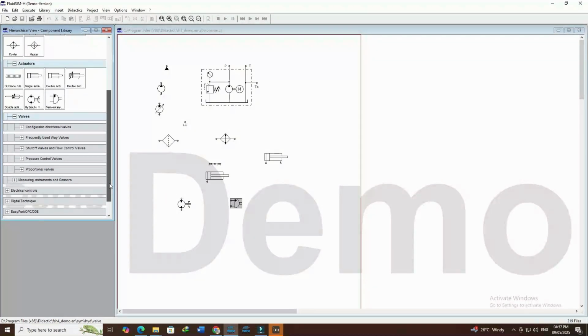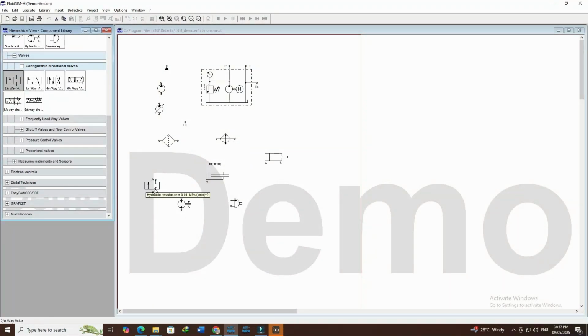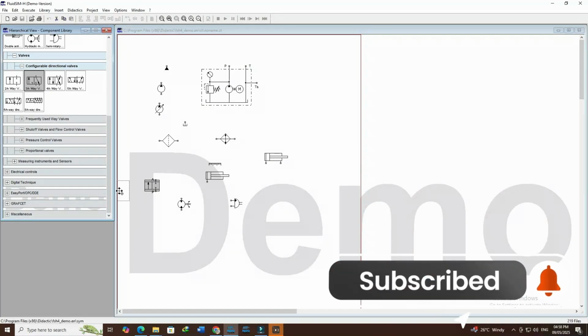Also we have the valves. In the valve section we have different valve types. That's the DCV, the directional control valve, used to operate the actuators, to extend and retract. In the valve part we have different valves. This one is the directional control valve, that means DCV. Those DCVs differ in their positions and ways. Here we have a 2 by 2 valve, meaning the fluid goes from the tank to here, or from the pump to the actuators.